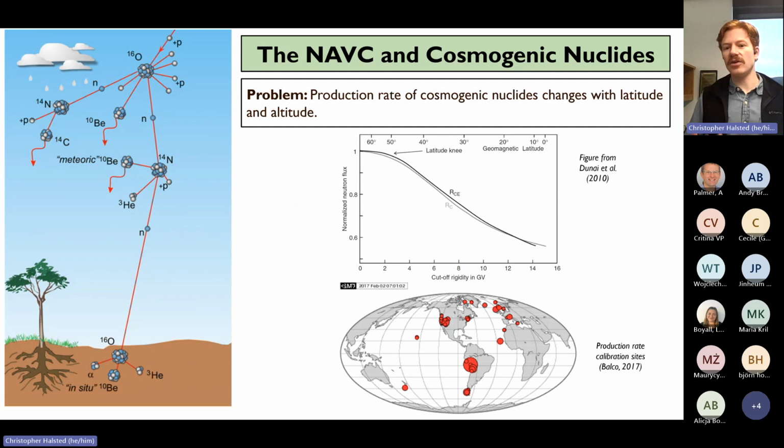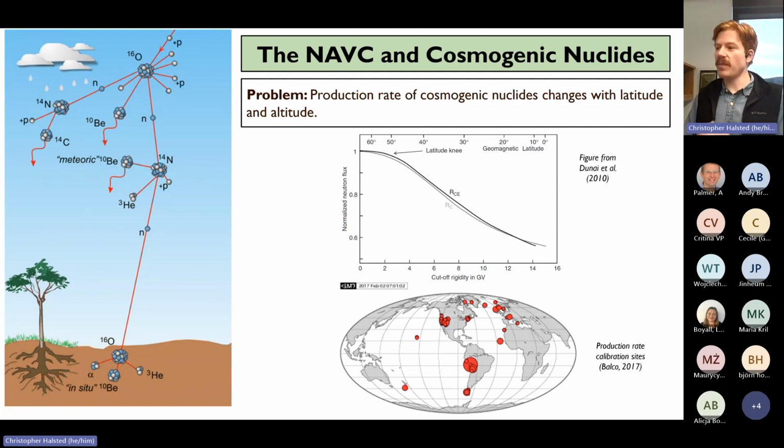What this means is that you need to actually figure out at your sample site what the exact production rate of cosmogenic nuclides are in order to calculate exposure ages. This is often done by finding sites around the world where there are independent age constraints on certain events, maybe deglaciation, maybe a volcanic eruption, maybe deposition of an organic layer or sediment layer in a lake.